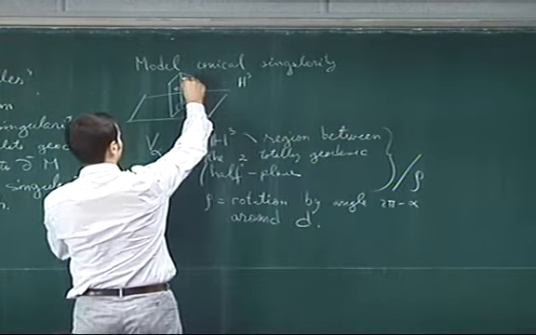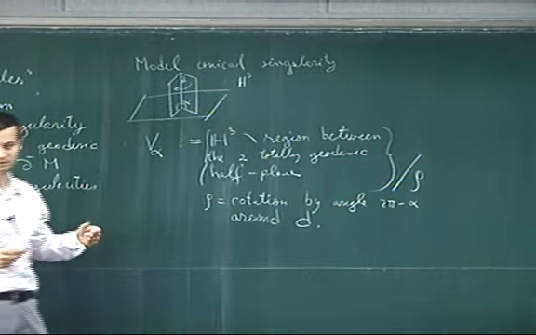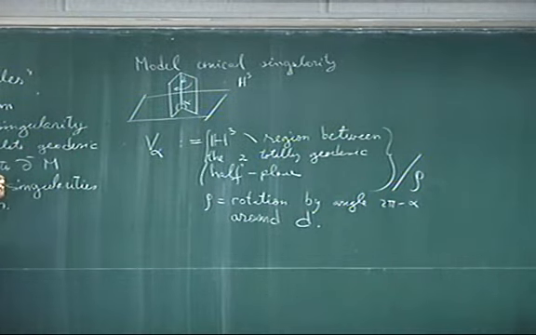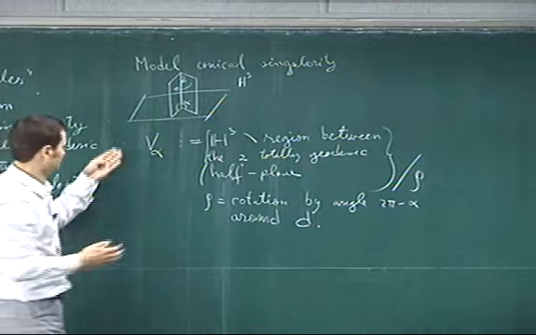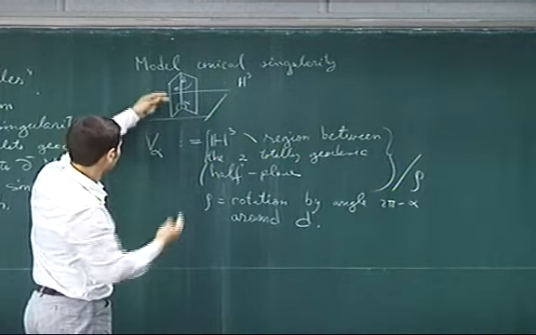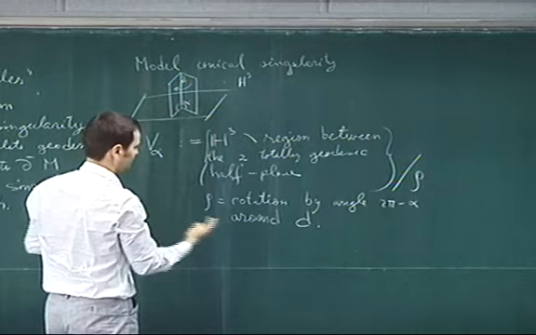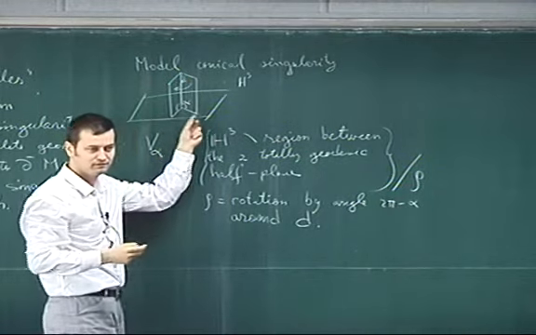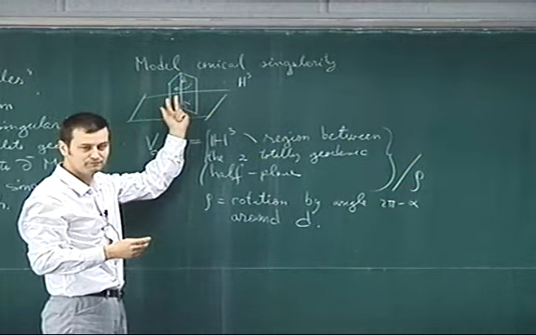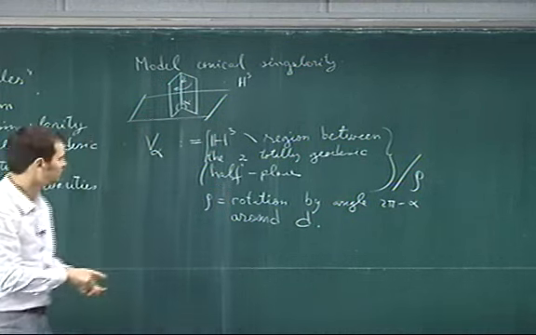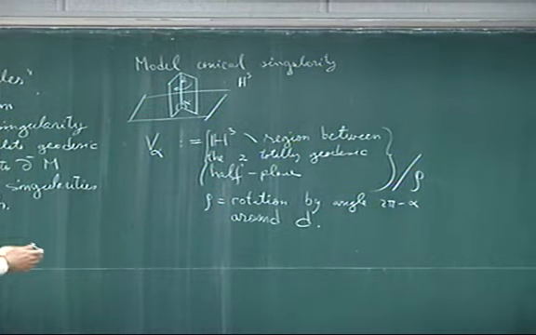Let's call D this line. The singular locus is called D. You cut with two geodesic half planes, and then identify the faces of what you get. This is the typical conical singularity.